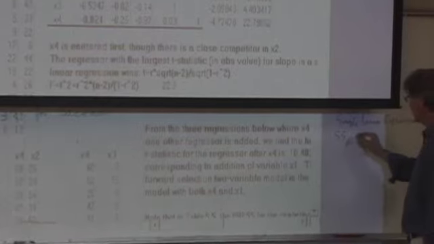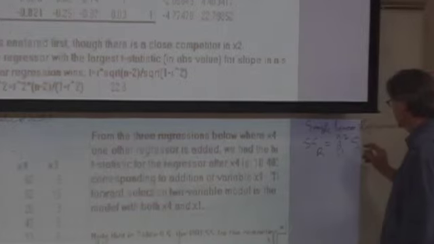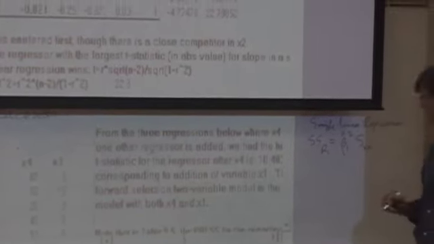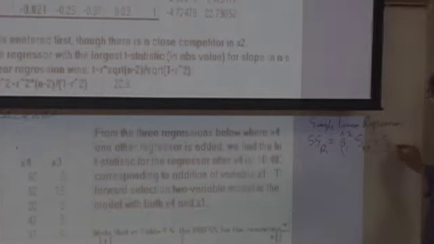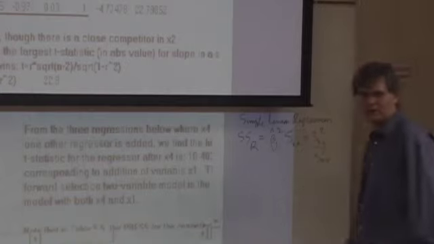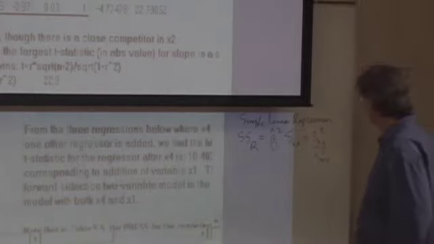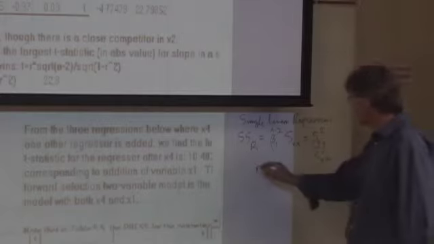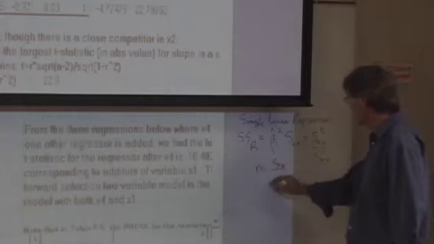I know that SSR is beta 1 hat squared times SXX, which is SXY squared over SXX, since beta 1 hat is SXY over SXX. We know that R is SXY over the square root of SXX times the square root of SYY.